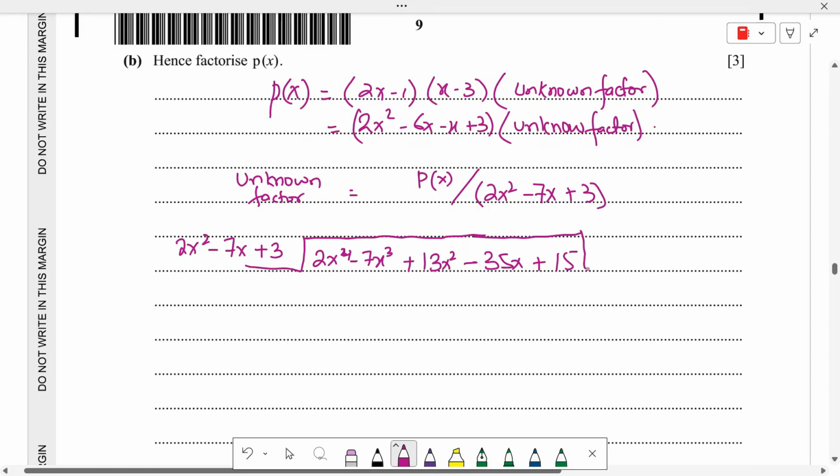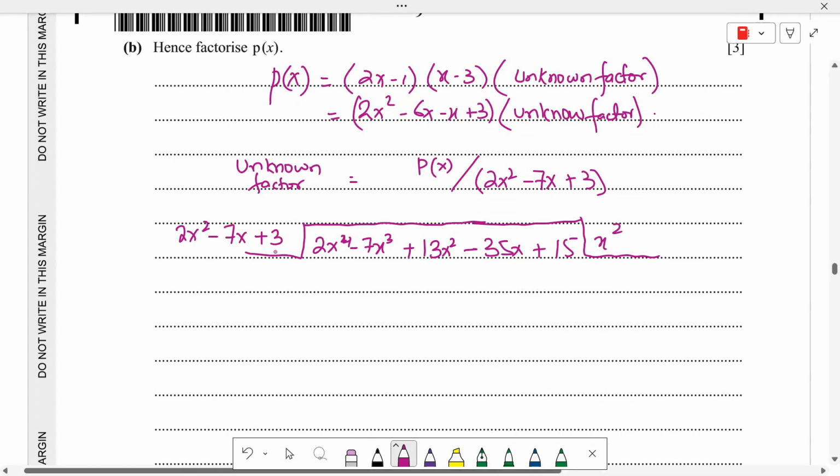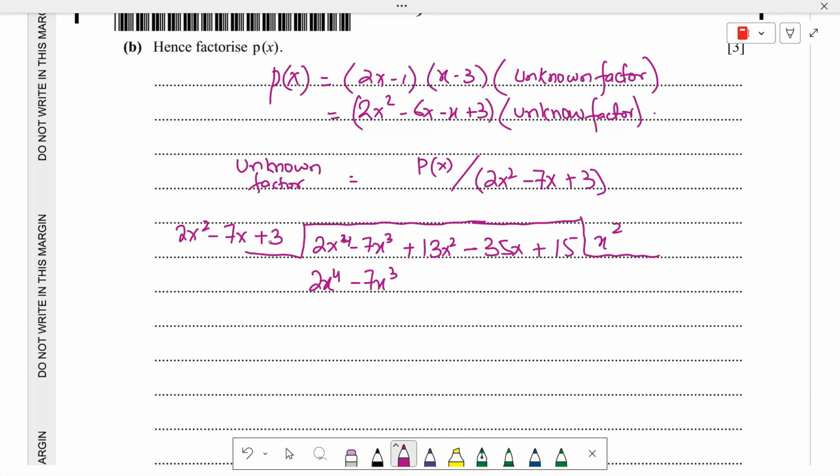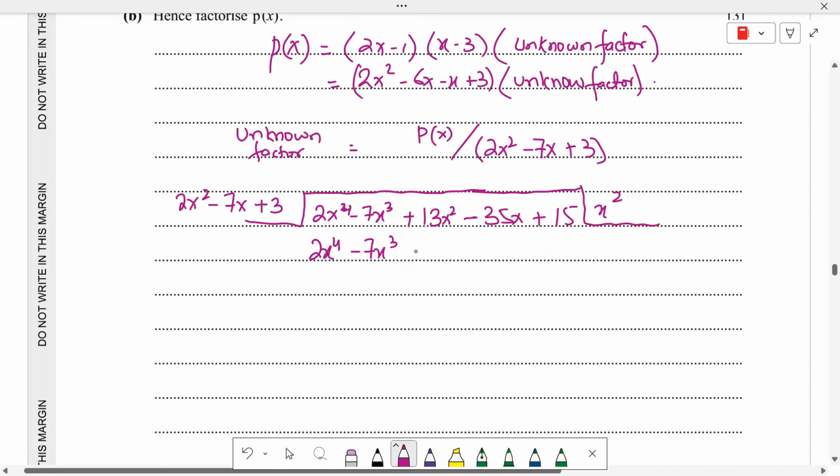Now, we need 2x to the power of 4 and we have 2x square. So when we multiply with x square, we will have 2x to the power of 4, and minus 7x times x square, which is negative 7x cube, and plus 3 times x square is plus 3x square.